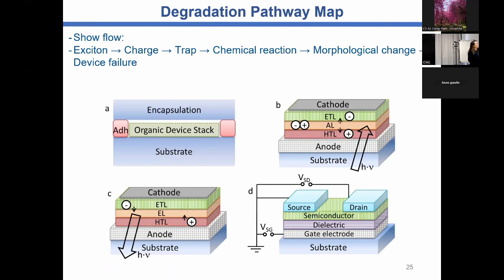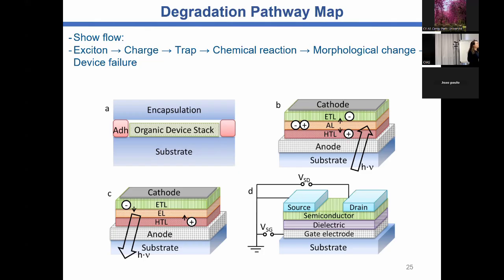So in terms of a map of degradation, we must deal with external degradations that induce charge or traps, that could induce chemical reactions and also morphological changes, which can cause device failure.